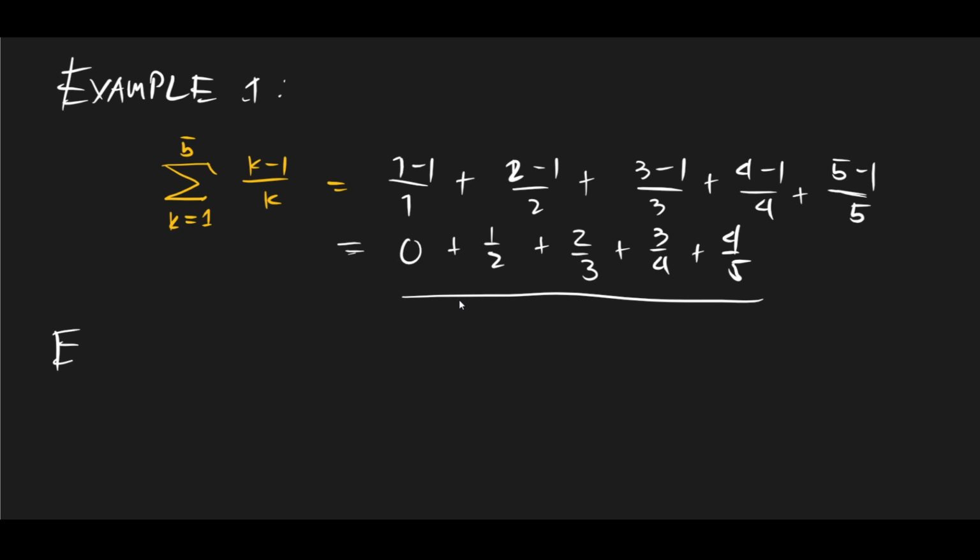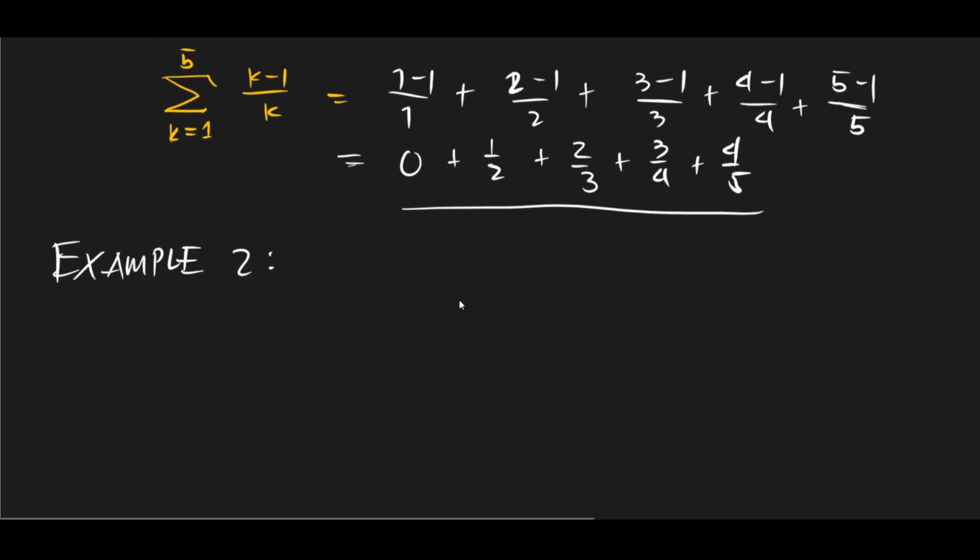Let's have example number 2, which is an infinite series. Let's draw our sigma, with n equals 1 and positive infinity on top, of 1 over 2 raised to n.